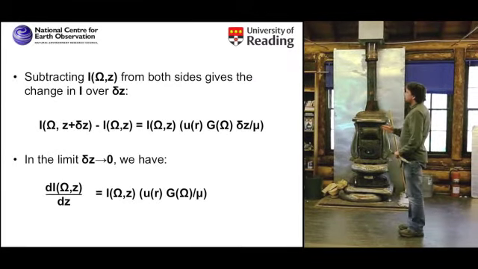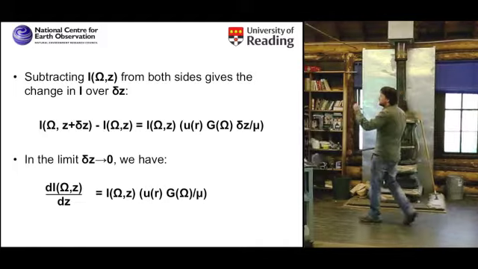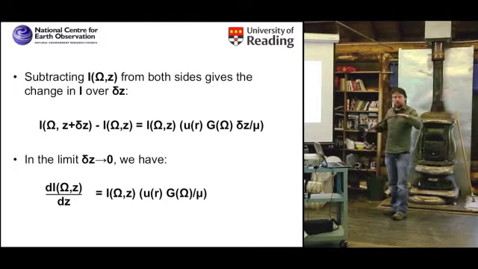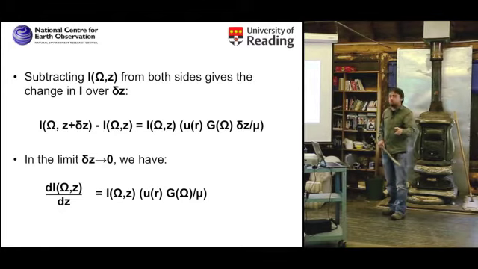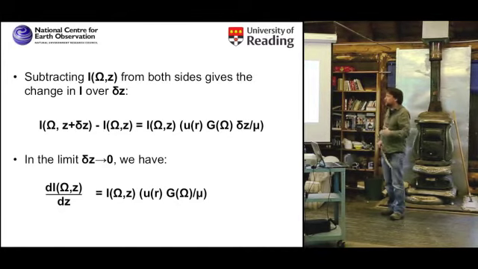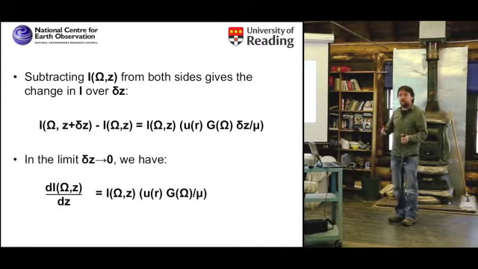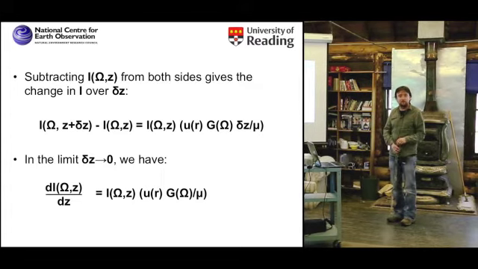Okay, so what we'd like to know, rather than what the intensity is at that new depth, is how the intensity changes, okay, with height in the canopy. So that's simple. We just subtract the initial intensity from both sides, okay?